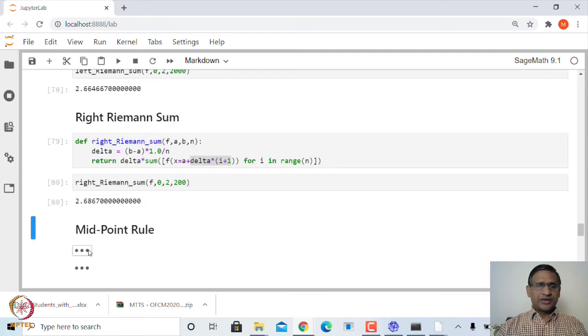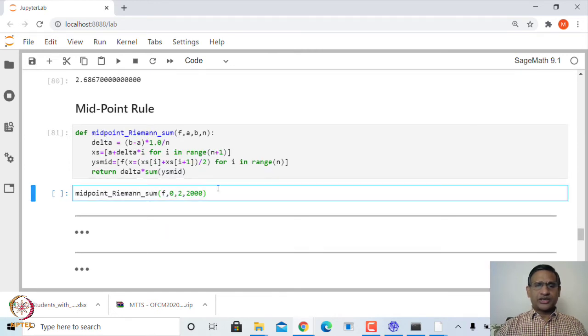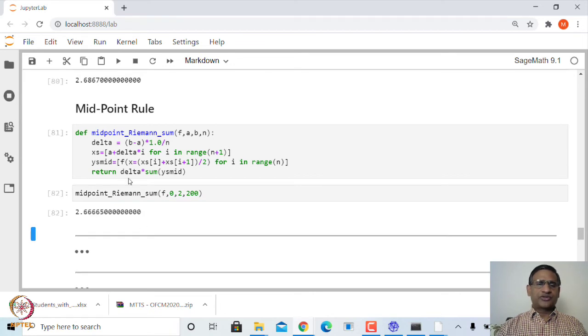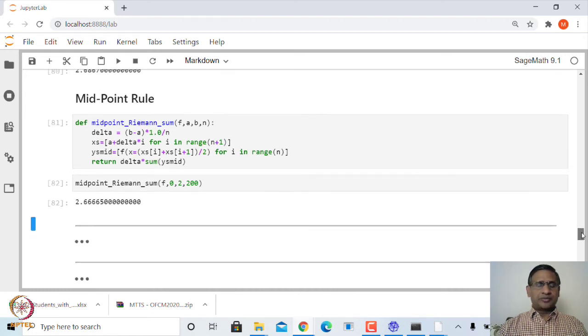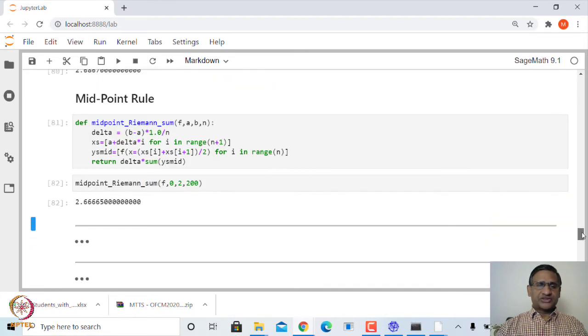Similarly the midpoint rule, and you can call this function again, let me call it with only 200 points. So, the midpoint rule will be much closer to the actual value, right. So, this is how you can approximate the integral from a to b of f(x) dx.